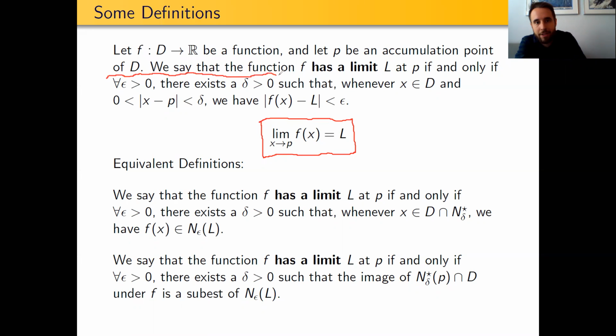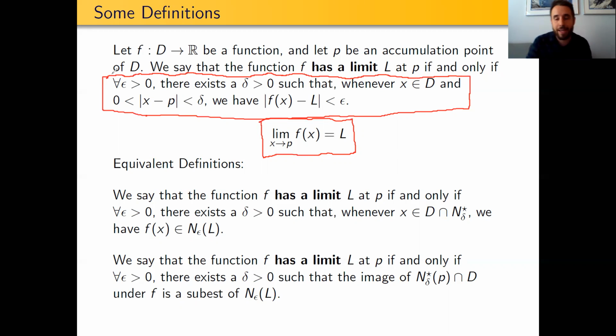So for all epsilon, there exists a delta such that whenever we have an x value that is in our domain and within distance delta of P, we have that our function values, our output values, must be within distance epsilon of L. So in this definition, we are trying to capture this idea of closeness.